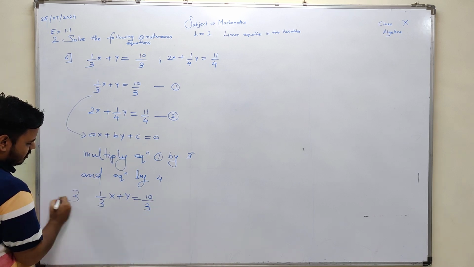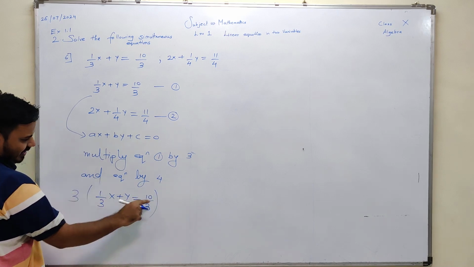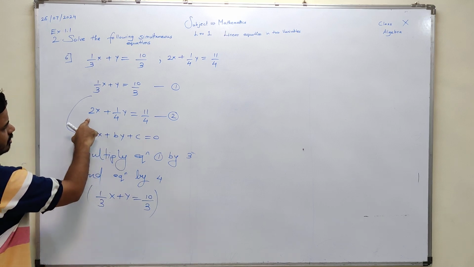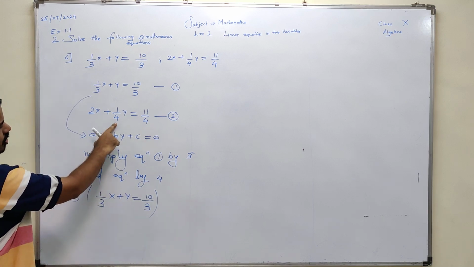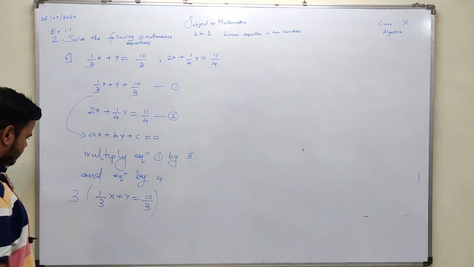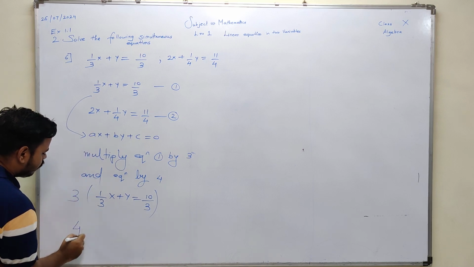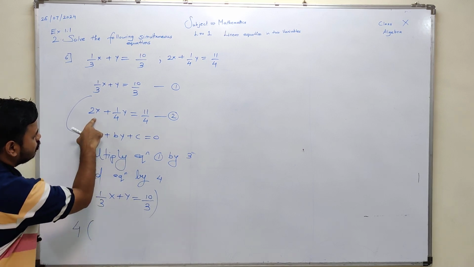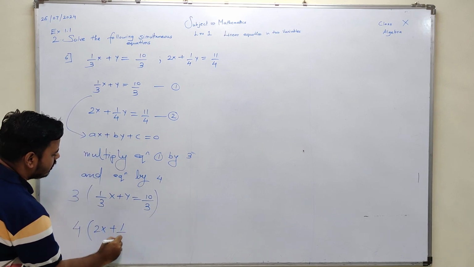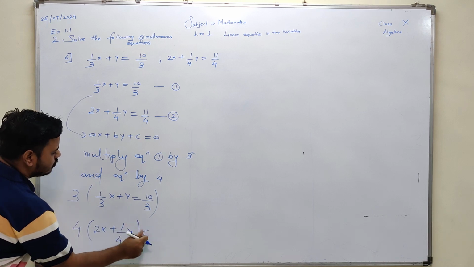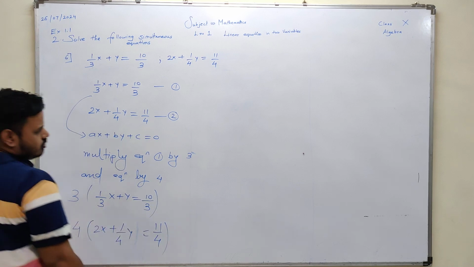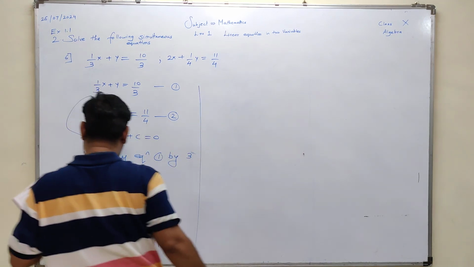Now this whole will be multiplied by 3 in the numerator. And equation 2 will be multiplied by 4 because we want to cancel out this 4. Here why did we multiply by 3? Because we want to cancel out this 3 in the denominator. So multiply by 4 in the numerator to equation number 2, 2x plus 1 upon 4y is equal to 11 upon 4. Let us see what we get after doing the multiplication.